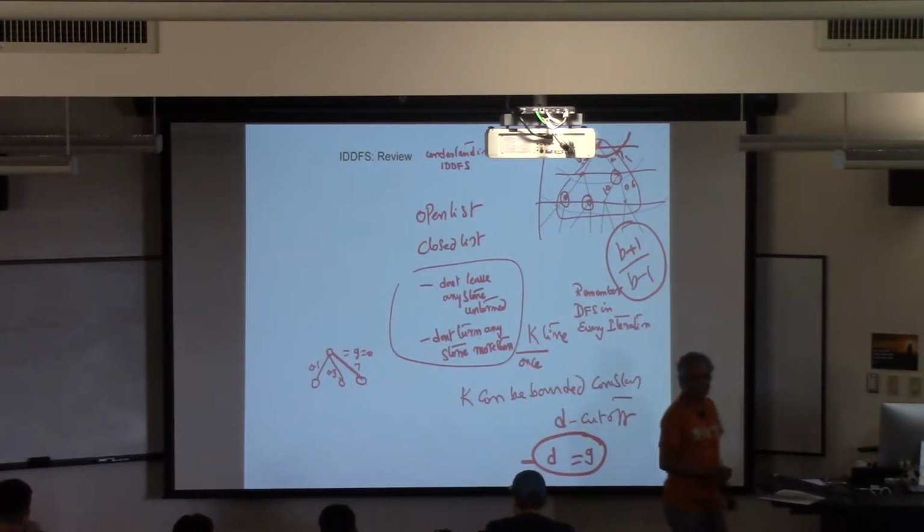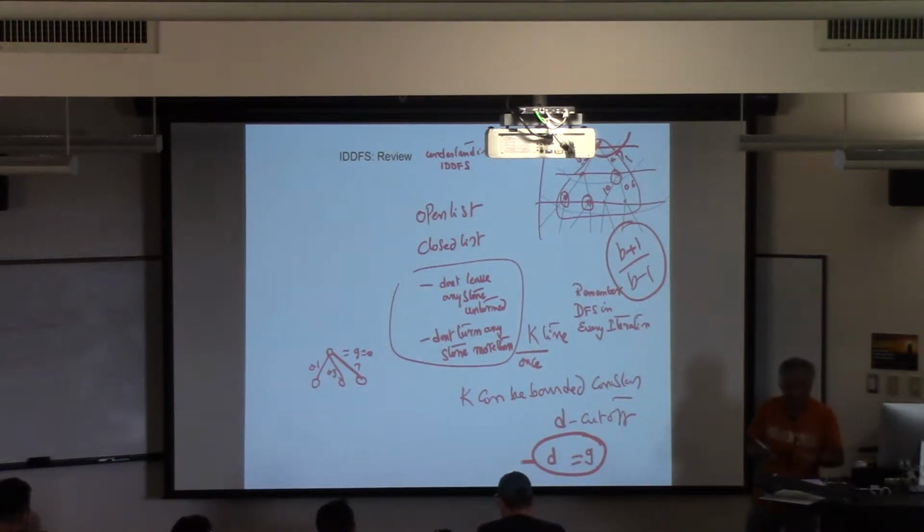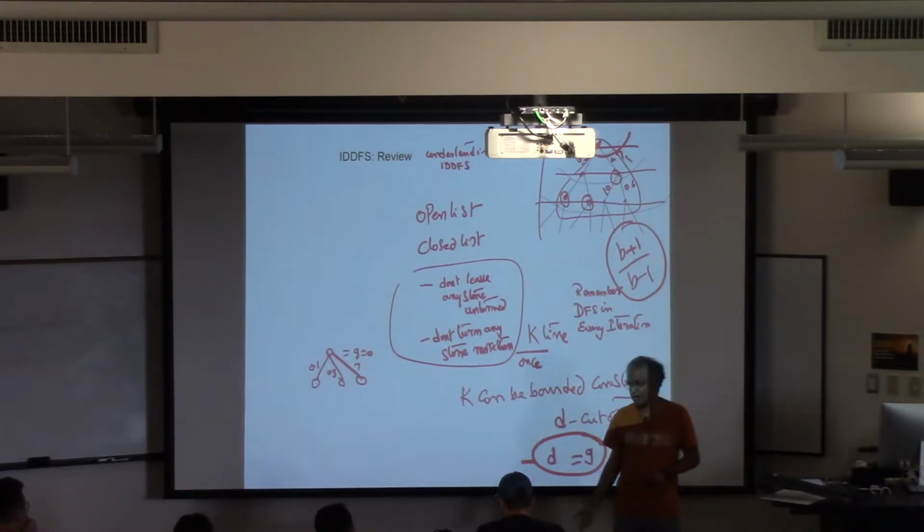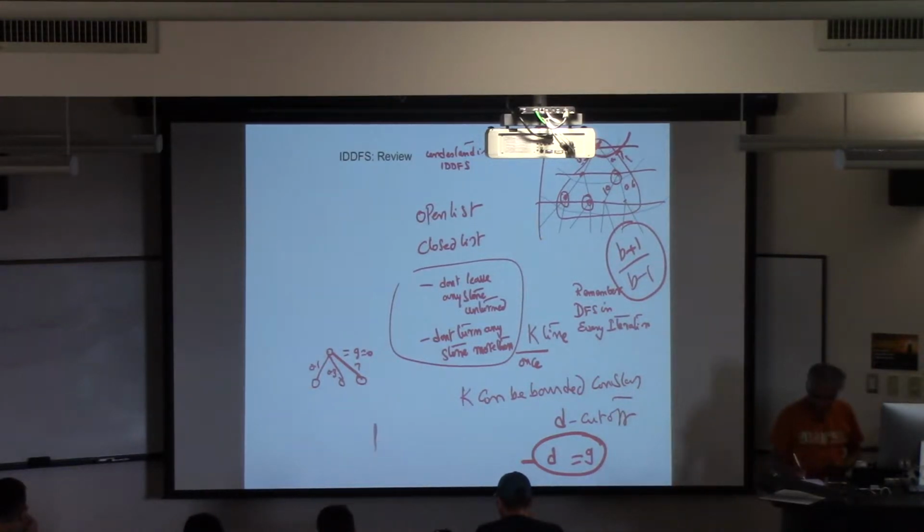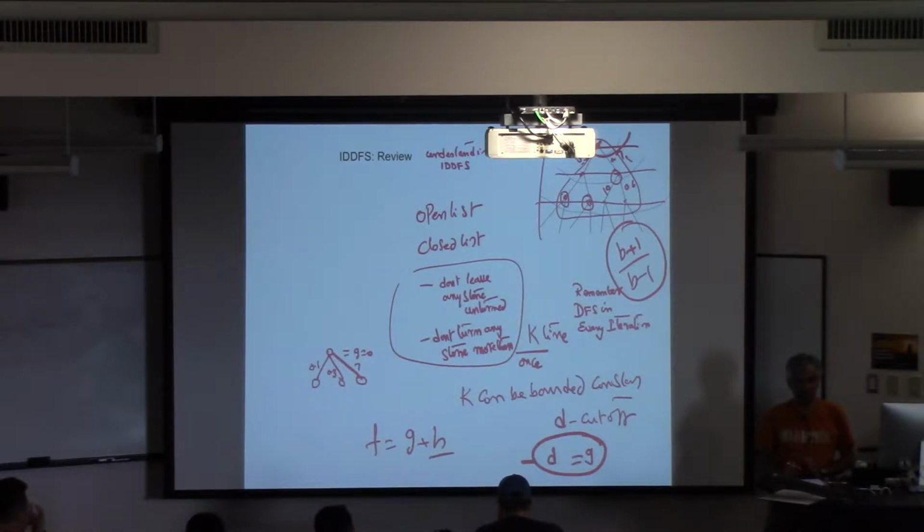In the case of IDA star, instead of deciding what is the next G value cutoff, you will decide what is the next F value cutoff, where F is written as G plus H, which we will talk about H in a minute. Okay? That's the deal.